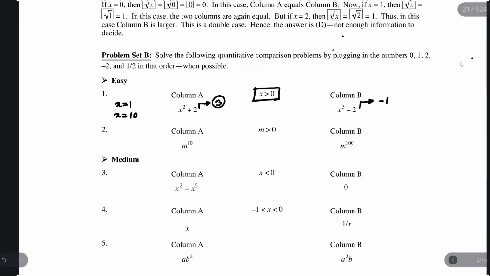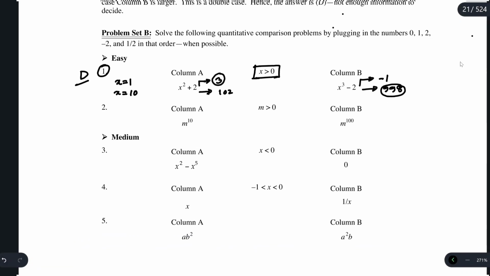This gives the value of column A as 10 squared, which is 100, plus 2, 102. And the value of column B would be 1000 minus 2, which is 998. Now the value of column B is greater than column A. So we cannot decide which column has the higher value. There is not enough information. So the answer of question 1 would be B.